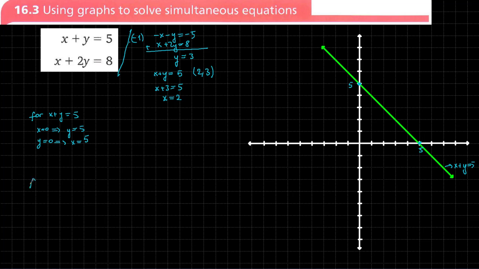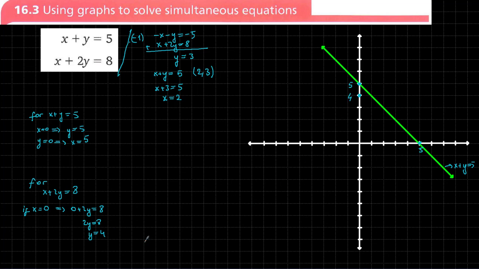So for x plus 2y equal to 8, if x is equal to 0, then 0 plus 2y is equal to 8. It means that 2y is equal to 8 and y is equal to 4. This is the second one. Y is equal to 4. This point is y is 4.